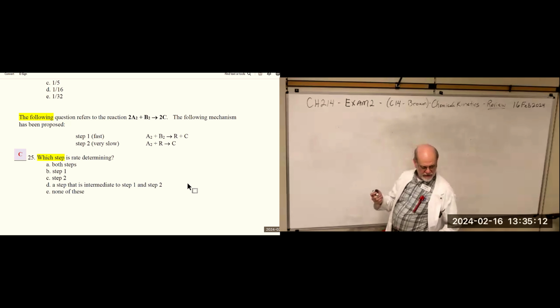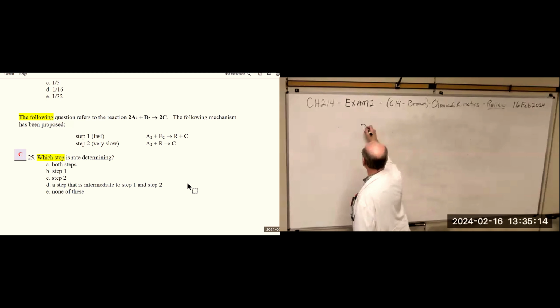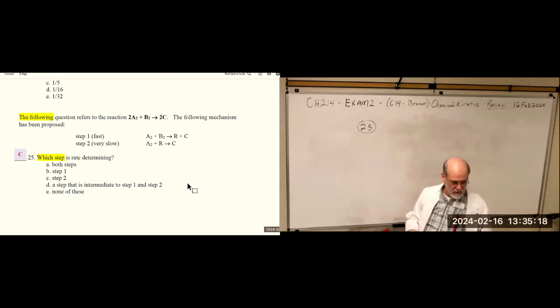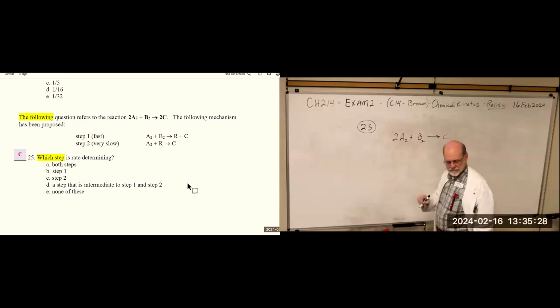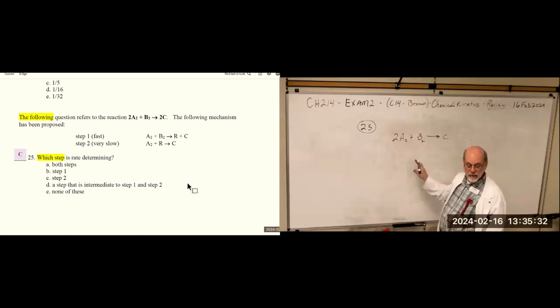All right, 25 is based upon that information given just before 25. 2A sub 2 plus B sub 2 yields C, and the following mechanism is proposed.